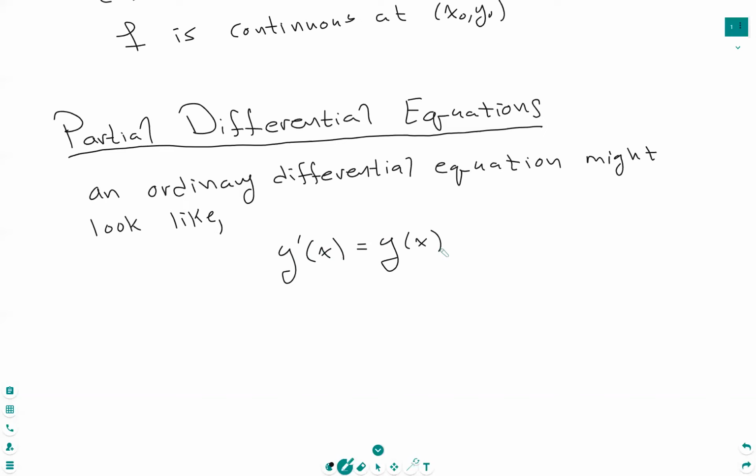And the goal is to find y of x, right? And you can kind of think this is probably a really easy differential equation. If you think about it, what function has the property that its derivative is equal to itself? Well, that's just e to the x, right? But you talk about that in Diff-EQ. But so the goal is to find y of x.